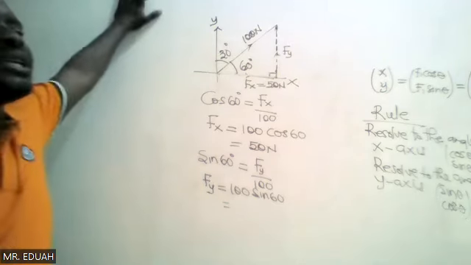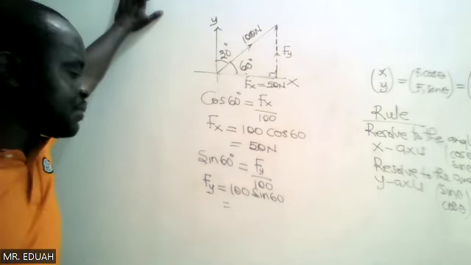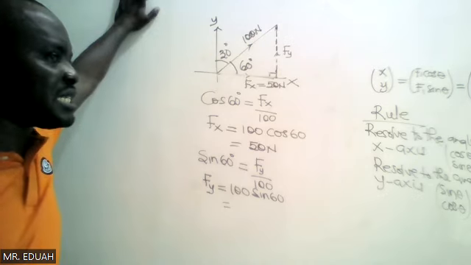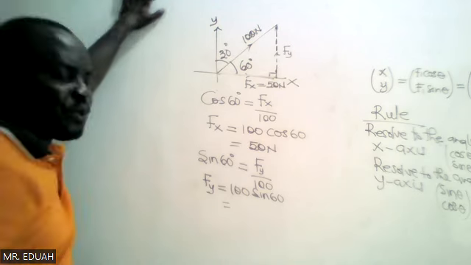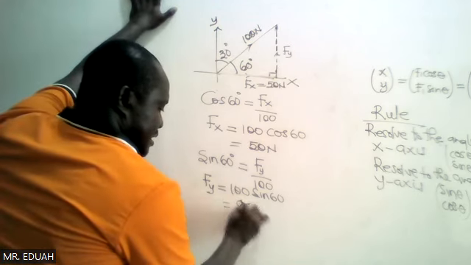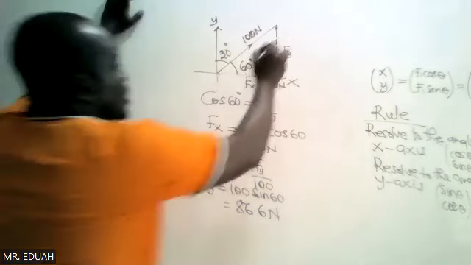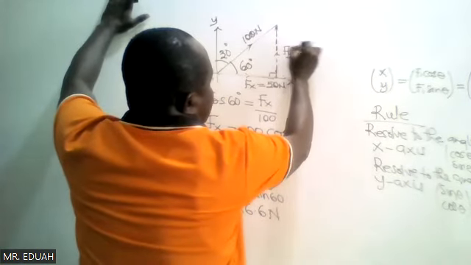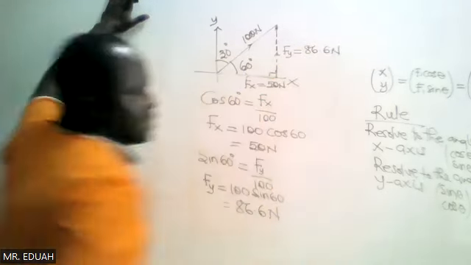Sine 60 is 0.8660. So multiply 100 by 0.866, and that will be 86.6. So this component is 86.6 Newton.